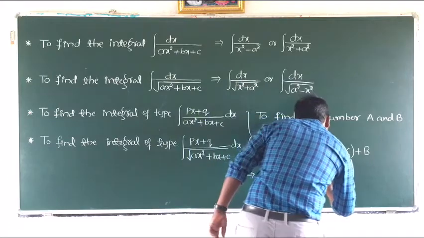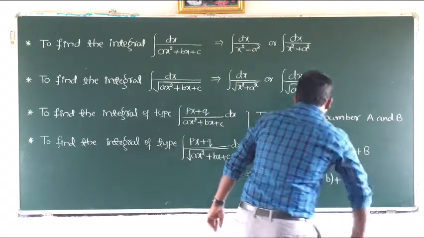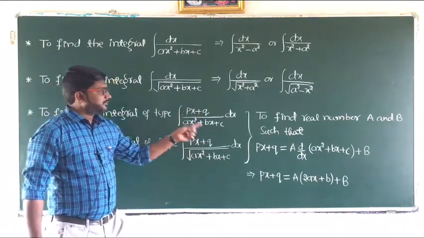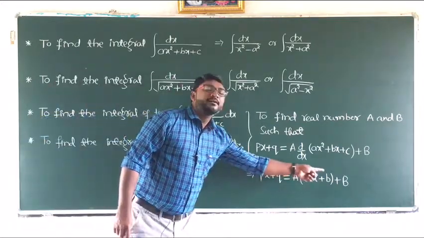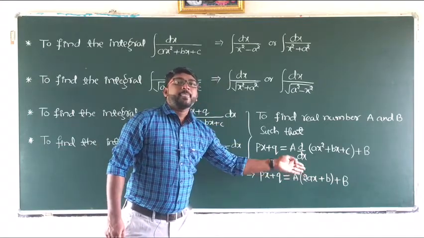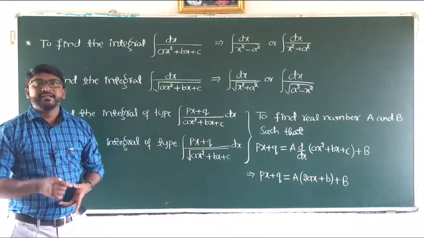So 2ax plus b, plus capital B. Whenever we get the integral of these two types we write it in this particular form and then we find capital A and capital B. So this is all about these 4 special types of integrals.